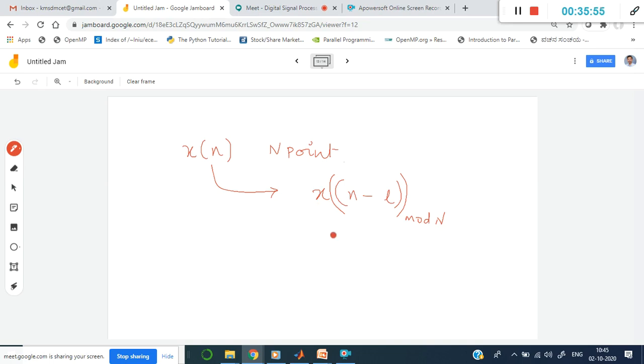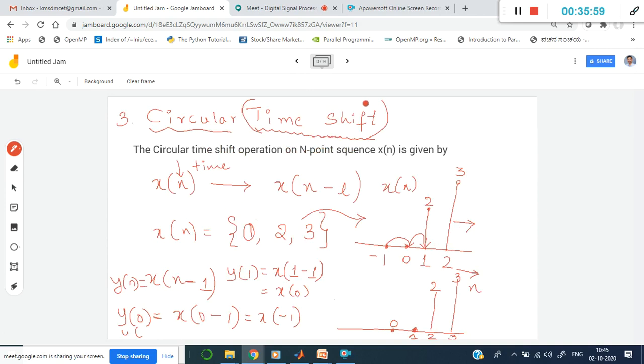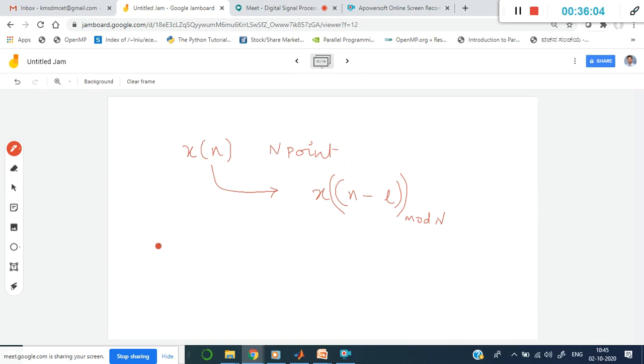Now let me take a different example so that you can understand much better. Let me consider x of n is equal to 1, 2, 3, 2. So this is a normal signal. Now I want to perform circular time shift. Let me assume that L equal to 2.